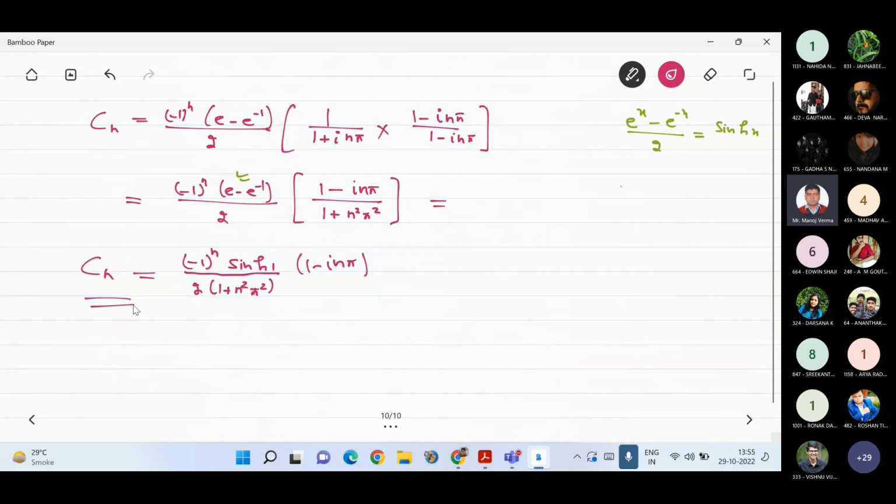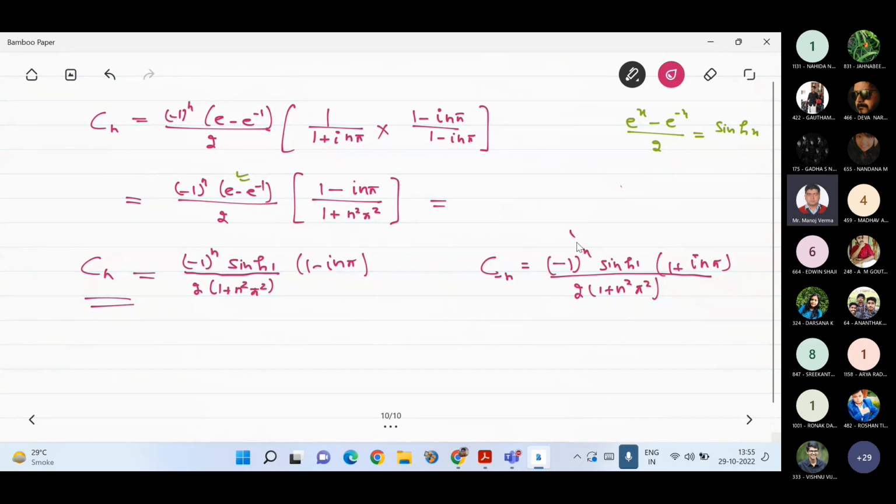Now, from here I can directly say that the value of C minus n, the value of minus Cn, would be -1 raised to the power n sine hyperbolic 1 times 1 plus iota n pi divided by the same denominator because it was square.